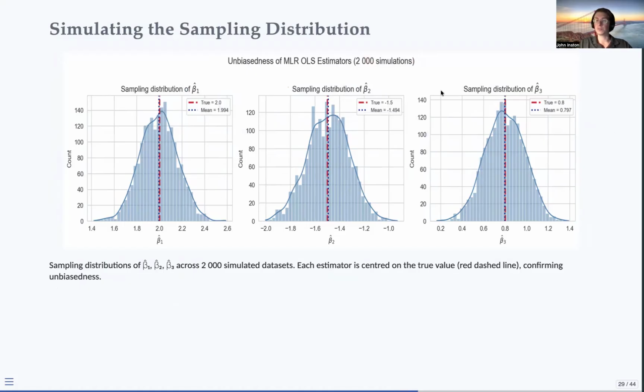So this is just a visualization to show the unbiasedness of the OLS parameter estimates for multiple linear regression coming through when we perform this Monte Carlo simulation, repeat multiple times, and also seeing the distributions coming through for each one.